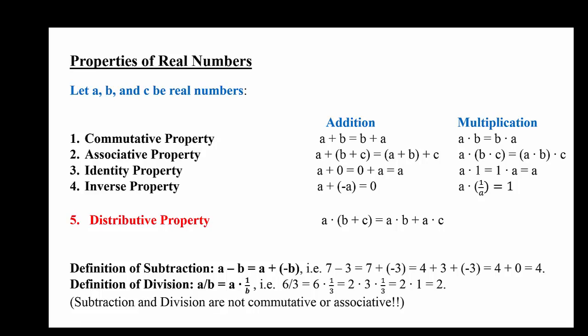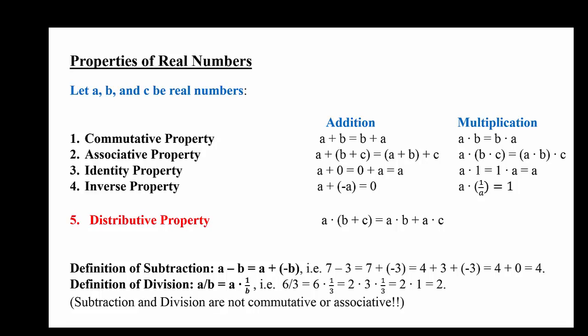So we also want to define division in terms of multiplication. So we define a new operator, which we'll give by this slash sign, or it can be given by the division fraction bar. So a divided by b is equal to a times the reciprocal of b. Okay, so 6 divided by 3, we all know that's equal to 2. So let's better be equal to 2 when we apply this definition.